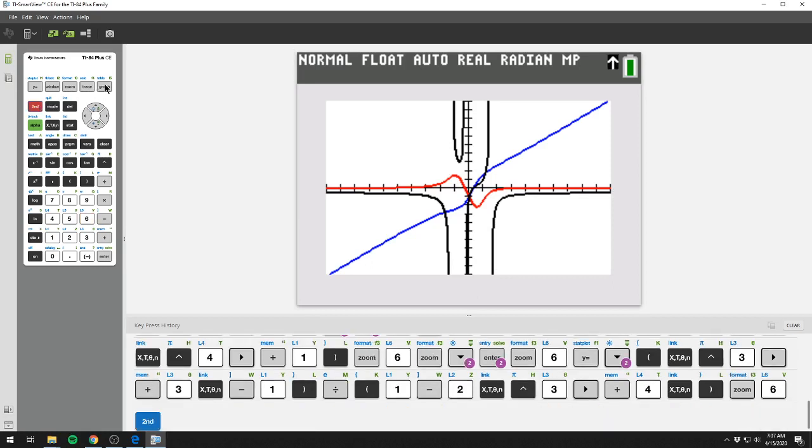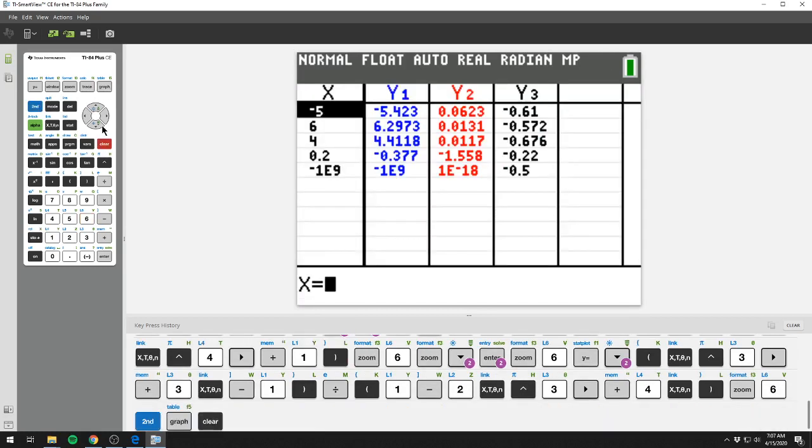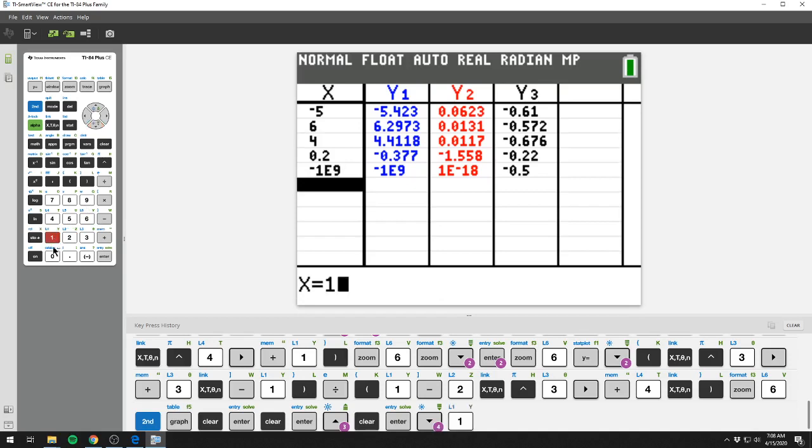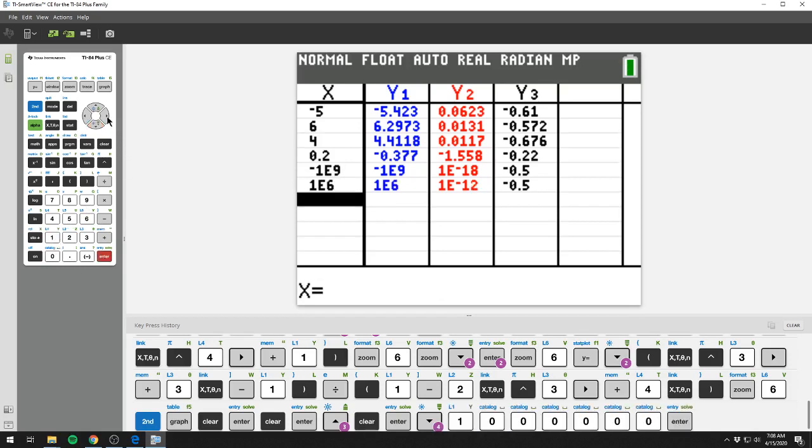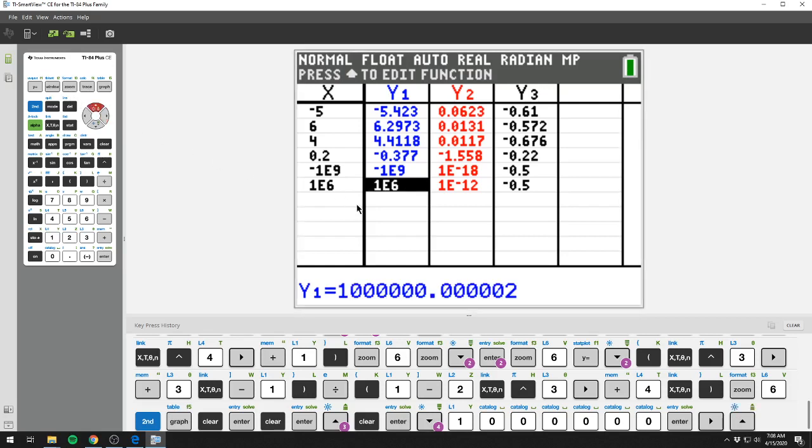So if I go to my table, let me clear all this stuff out. Oh, can I not do it like that? All right, well, I'll do it this way. If I plug in like 1,000,000, let's say. All right, this was the first graph. That didn't have a horizontal asymptote.